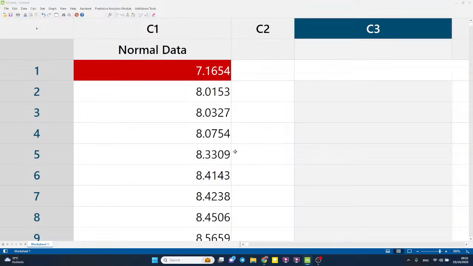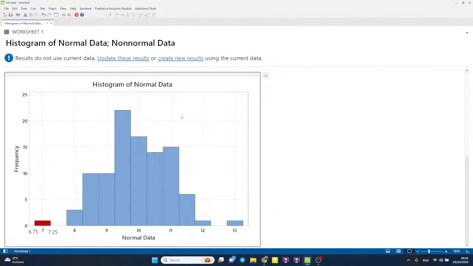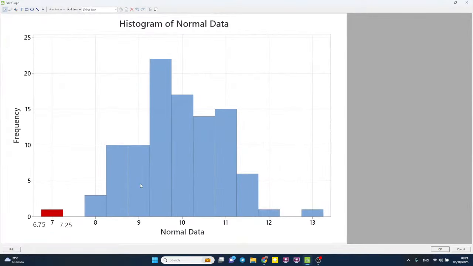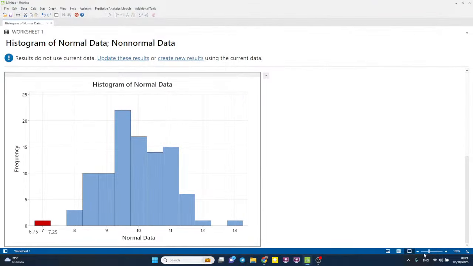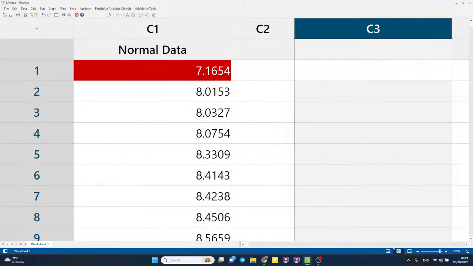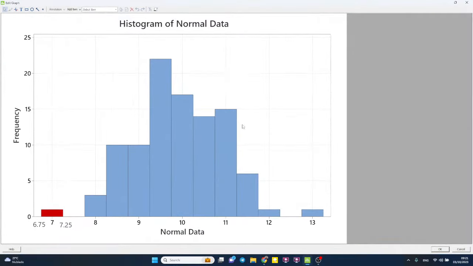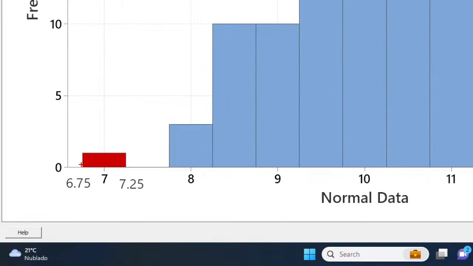My question for you is: is this value, 7.16, lying within this interval, yes or no?